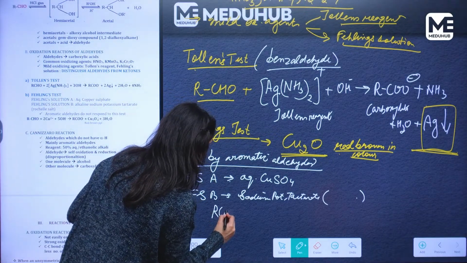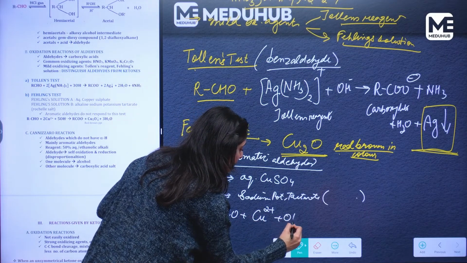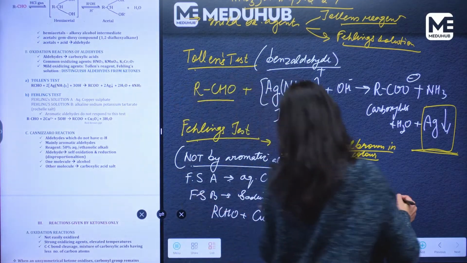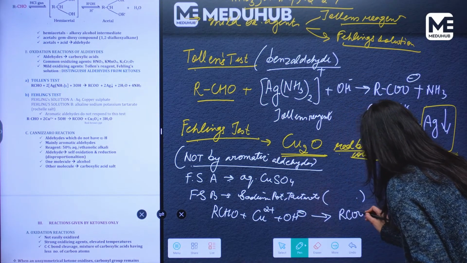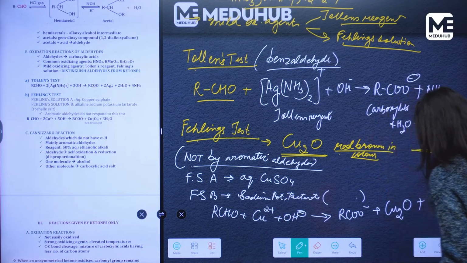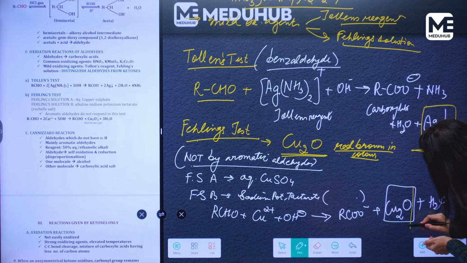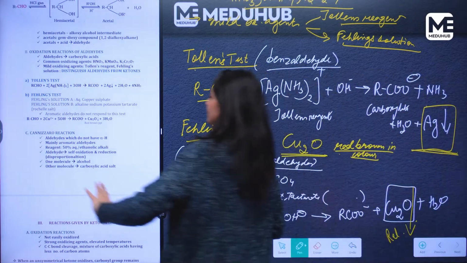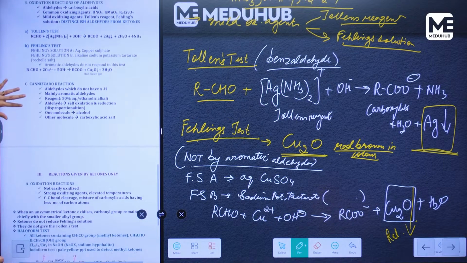So we have RCHO reacting with Cu2+ in an alkaline solution. It gives us RCOO minus plus Cu2O, which precipitates and gives a reddish brown precipitate. So these are the two tests of oxidation reactions of aldehydes not given by ketones.